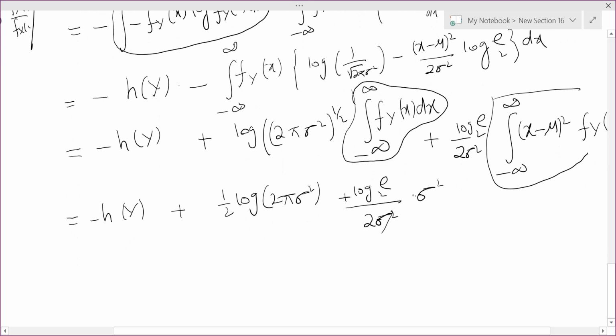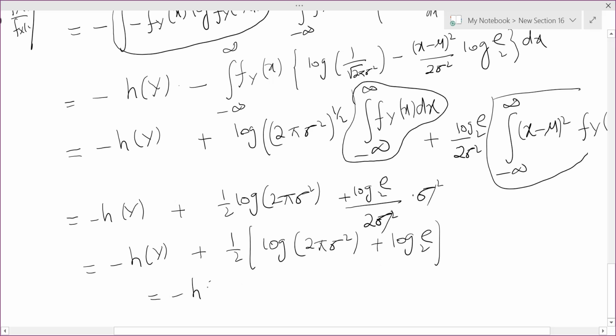Okay, because both will have the same variance. So it is minus h of y plus half log of 2 pi sigma square plus half log e, which is minus h of y plus half log of 2 pi e sigma square.